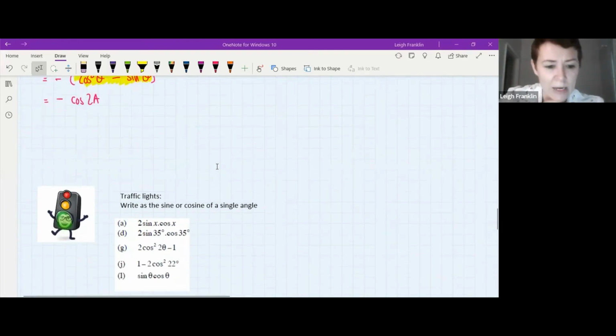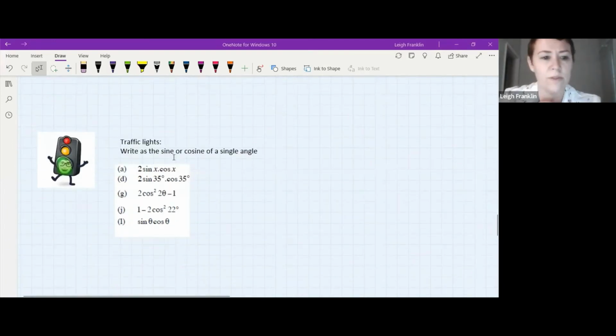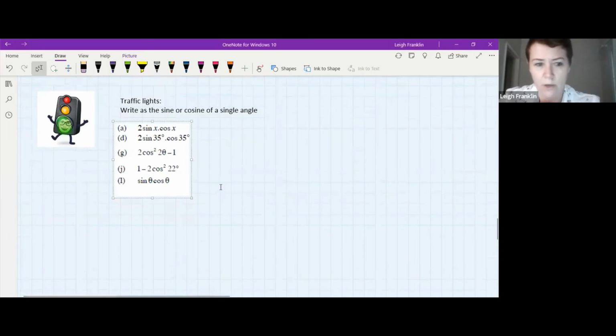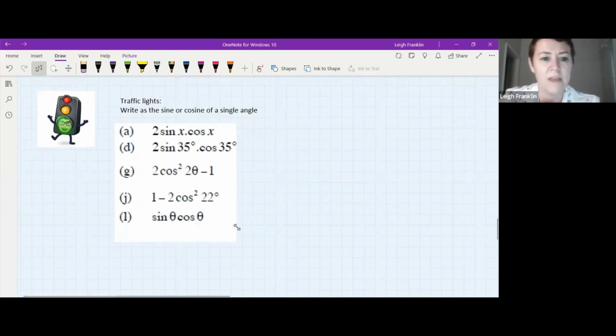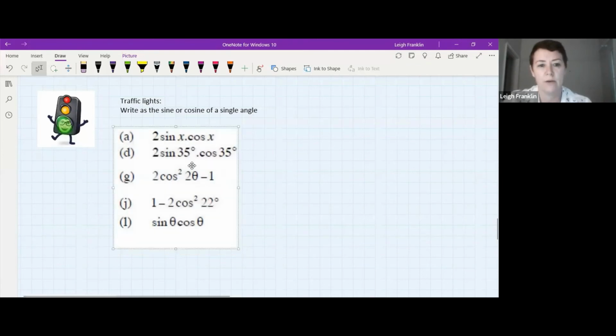Okay, so now I'm going to task you with this in the last, and mind you, we might have time to do a little bit more. You're going to either write this as the sine or the cosine of a single angle. So in other words, you're practicing what it is that we've just done. See if you can do all of them. We'll give you 5 minutes and then we'll take it from there.